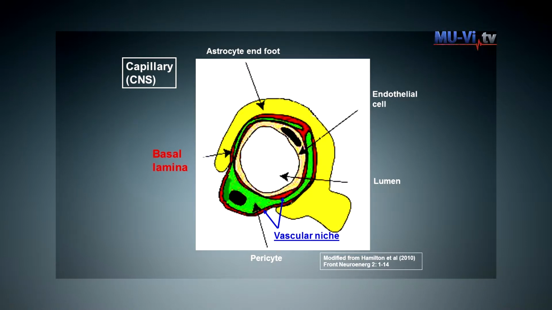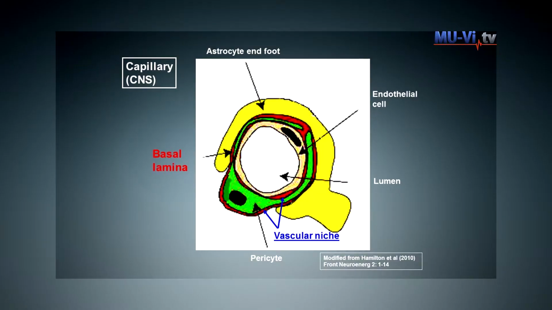This vascular niche contains the pericytes, although the pericytes are enveloped by the basal lamina of the endothelial cells, and the pericytes are partially producers of this basal lamina. This here is an astrocyte. This is a fact that is seen in the central nervous system.